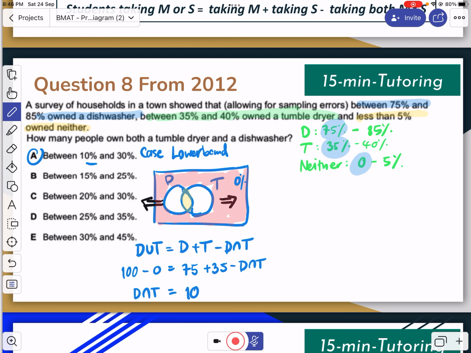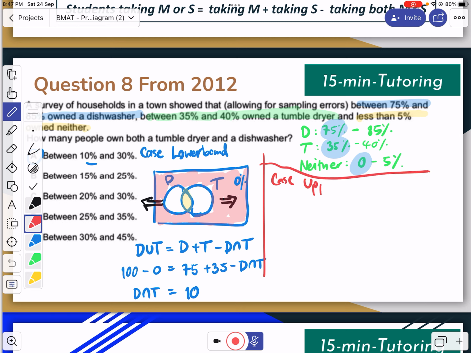Now, this question, we're done with it. But for the sake of practice, I'll walk you through how we calculate the upper bound of 30%. And that will be case number 2. We talk about upper bound. So for the upper bound, we want to maximize the overlapping area.